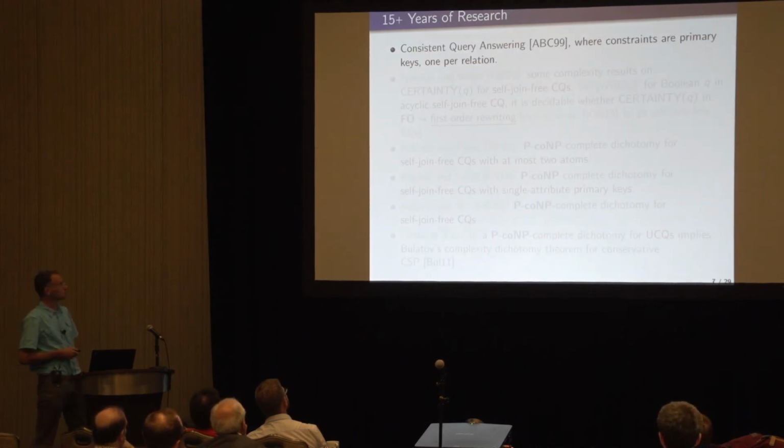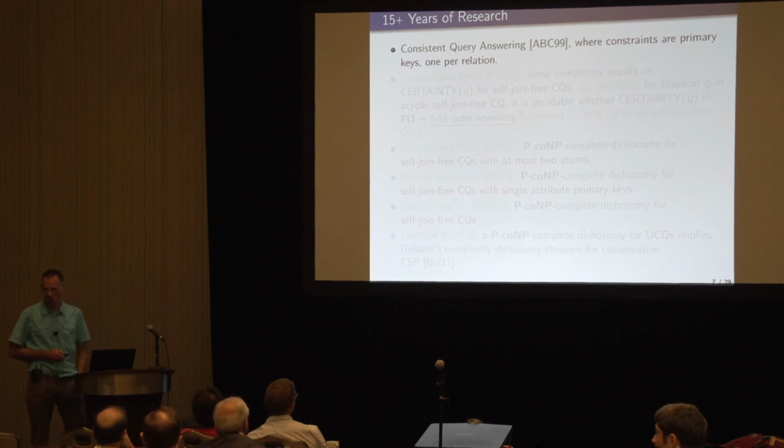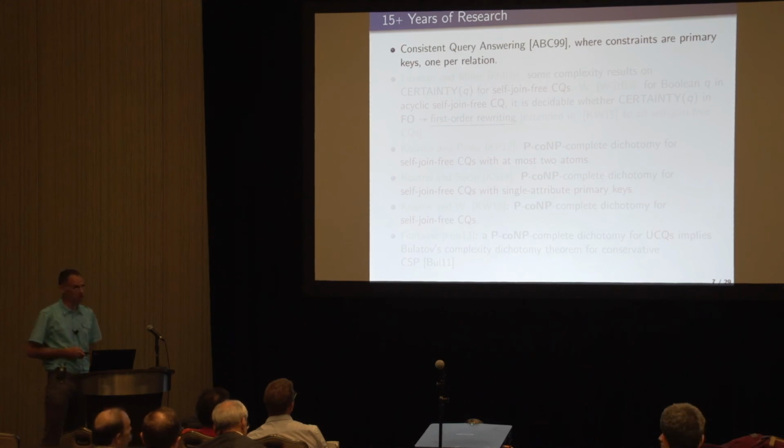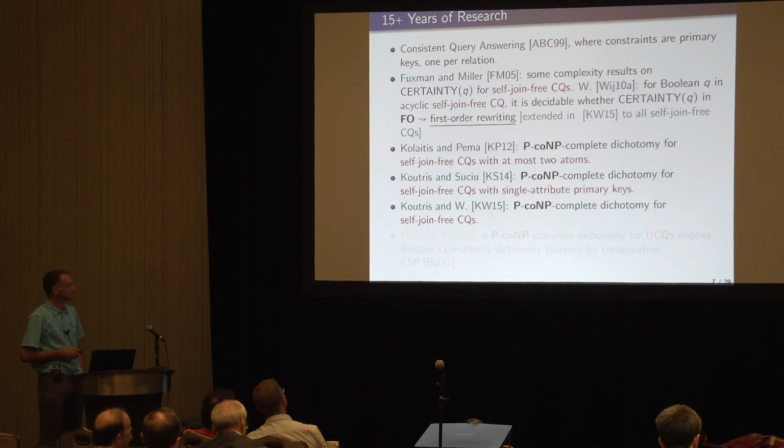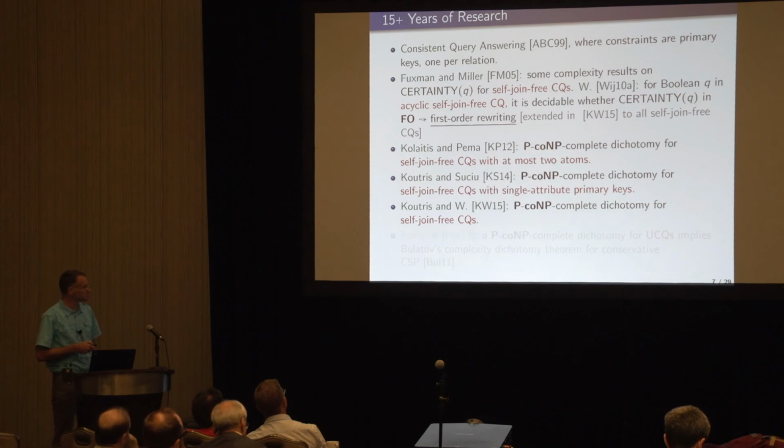It's more than 15 years of research, starting with the famous ABC paper by Marcelo Arenas and others. And here we focus only on primary keys. There has been a lot of work on self-join-free conjunctive queries, for which we finally got a P versus coNP-complete dichotomy.